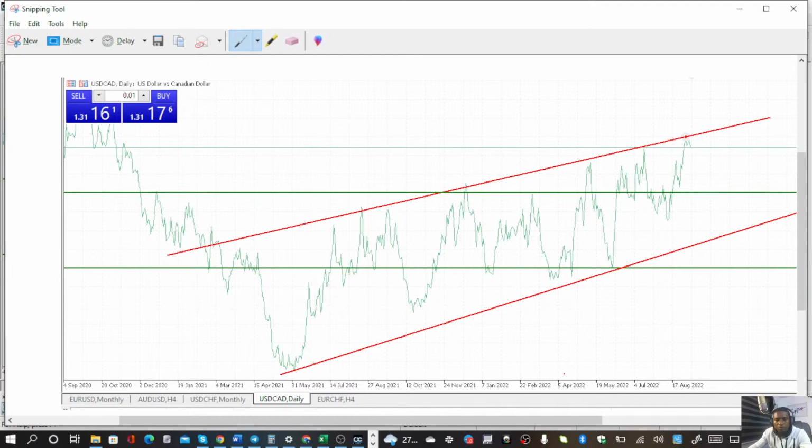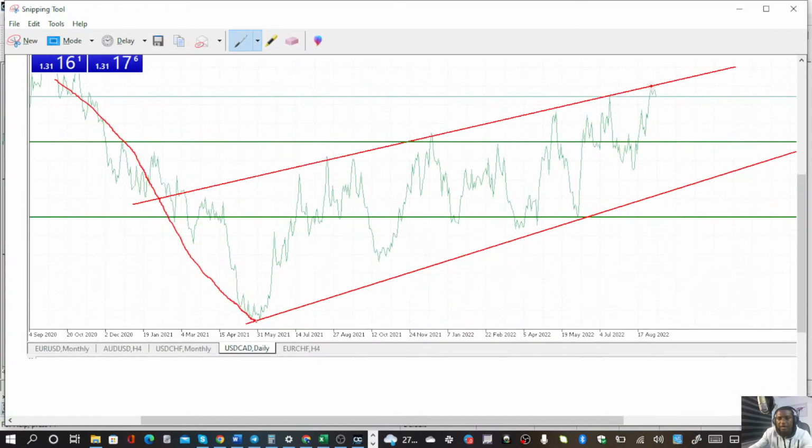Now, price moved from here down, moved up to this level, came down, moved up again, still on this level. And as you can see, this level resisted price from breaking through. The trend line resisted price from breaking through.